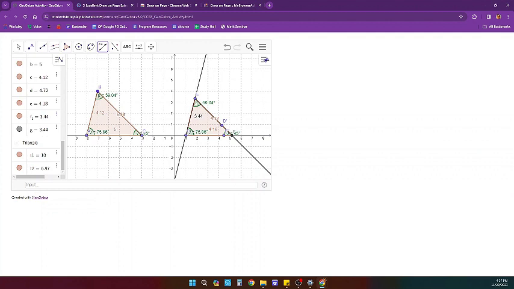So part F asks us, what can you conclude about triangle ABC and DEF based on their side length and angle measures? Well, if we scroll back to the top and look at the title, it says angle criterion for similar triangles. So we were trying to figure out what we could tell about two triangles if we're given two sets of equal angles. And the answer is, we could determine that if two triangles have two equal angles, the third angle must also be equal.